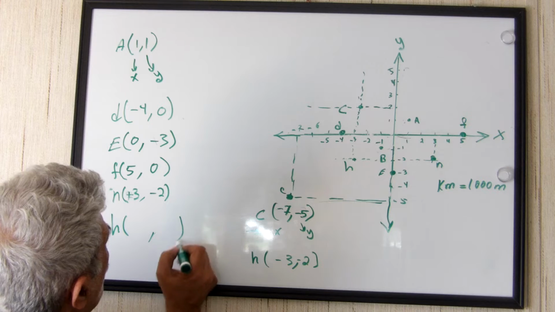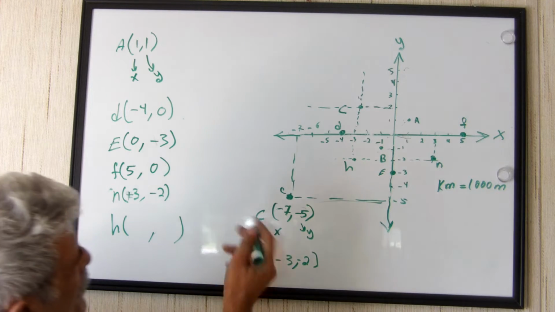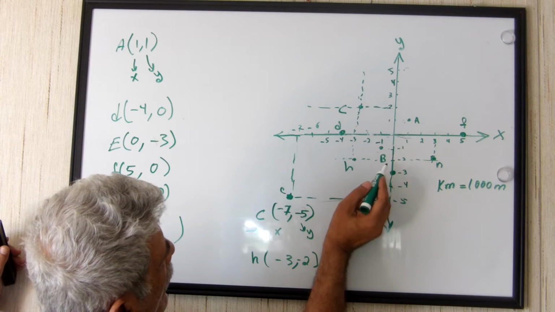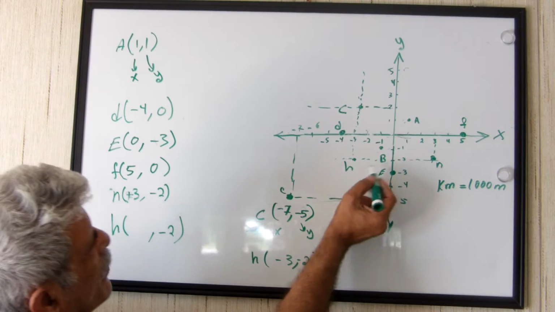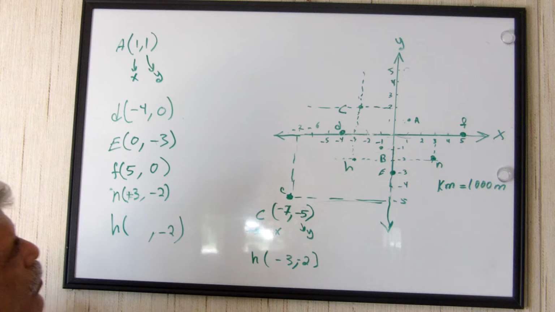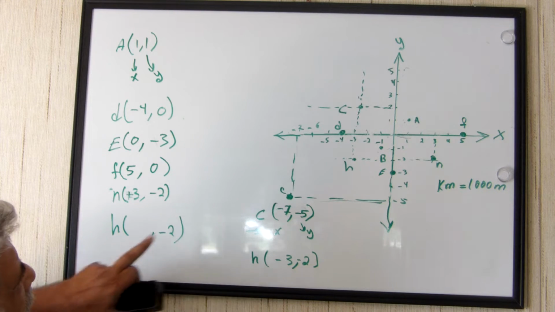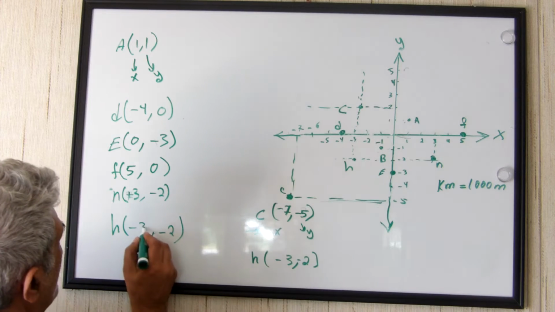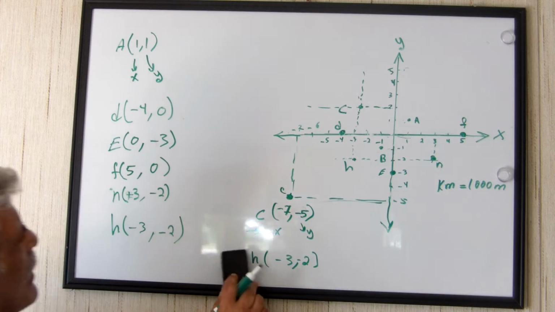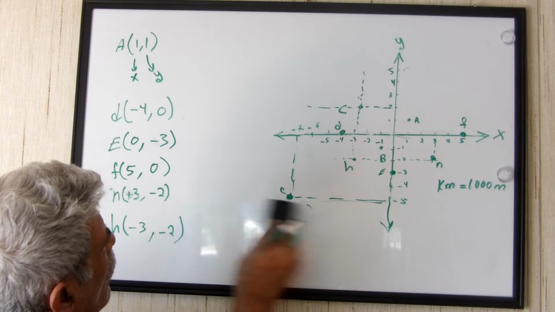So let's write y first, just for fun: -2. The y coordinate of point H is -2, and the x coordinate is -3. I think that's enough for locating points.